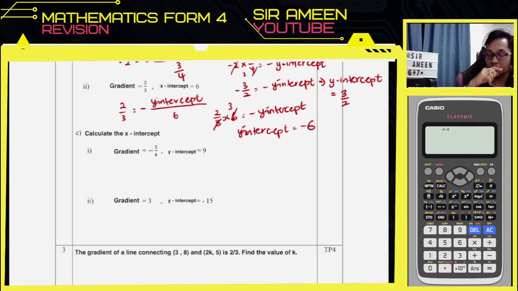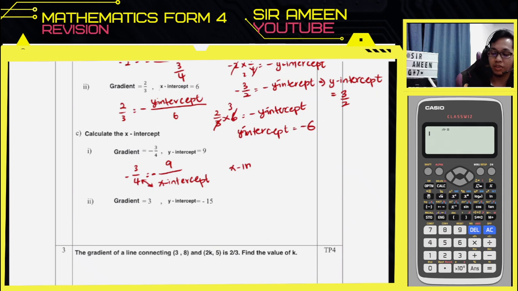For this one, it is the opposite of the previous one, but the same method. So negative 3 over 4 equal to 9 over X-intercept. This one you need to swap. The easy way is you just change the position for X-intercept.